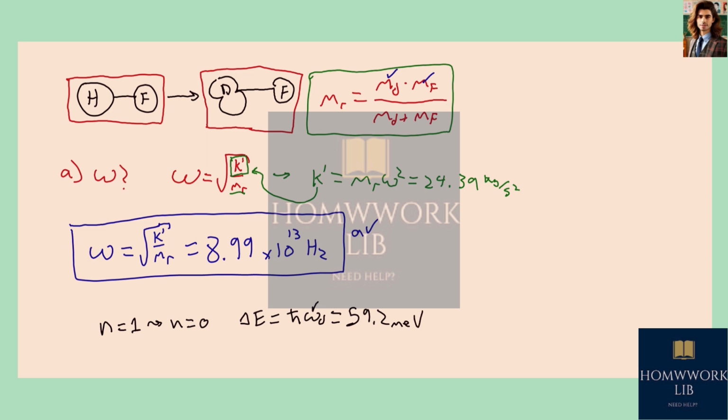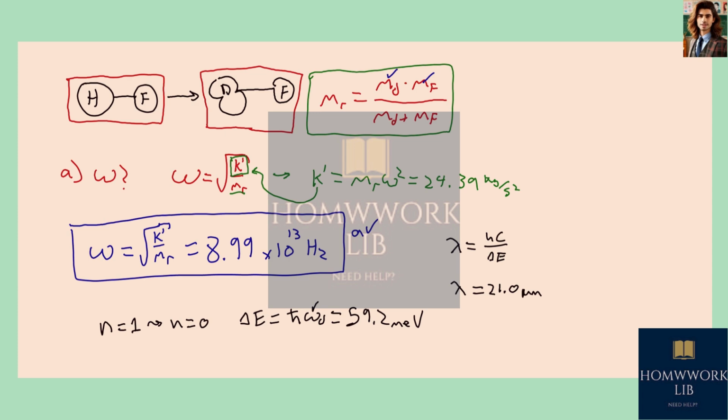And since it wants a photon, all we have to do is go back to our tried and true formula here for the wavelength and simply plug in our energy to get a wavelength of 21.0 micrometers to three significant digits. It's actually 20.96, but we'll leave it like this.